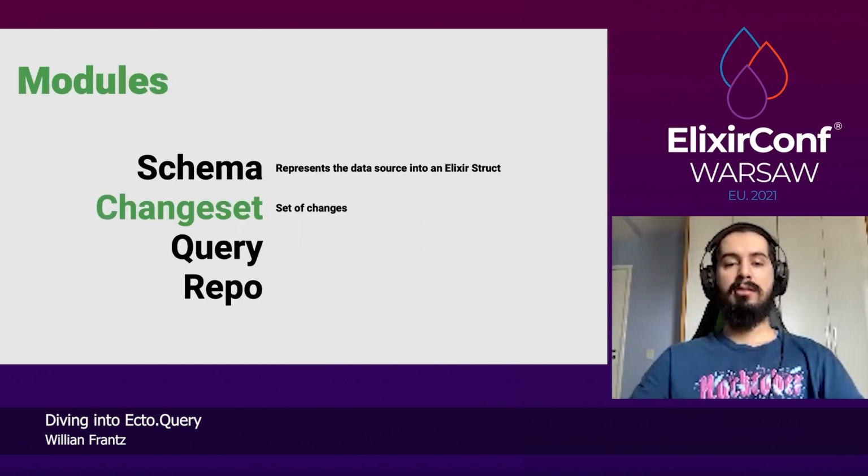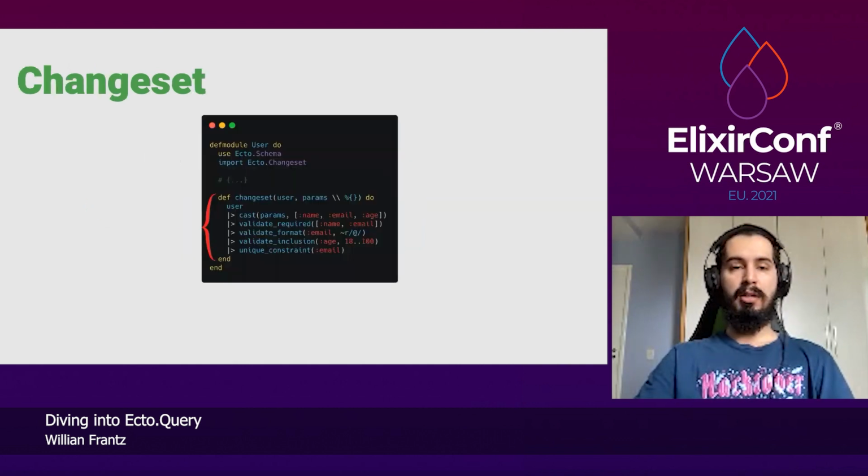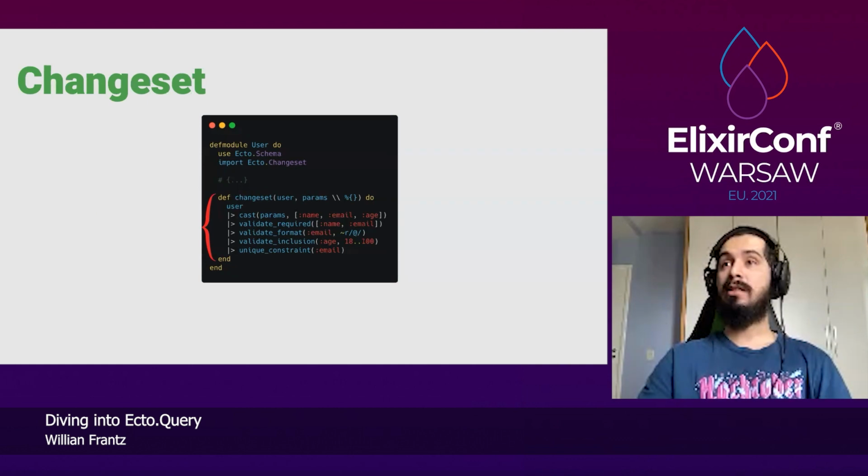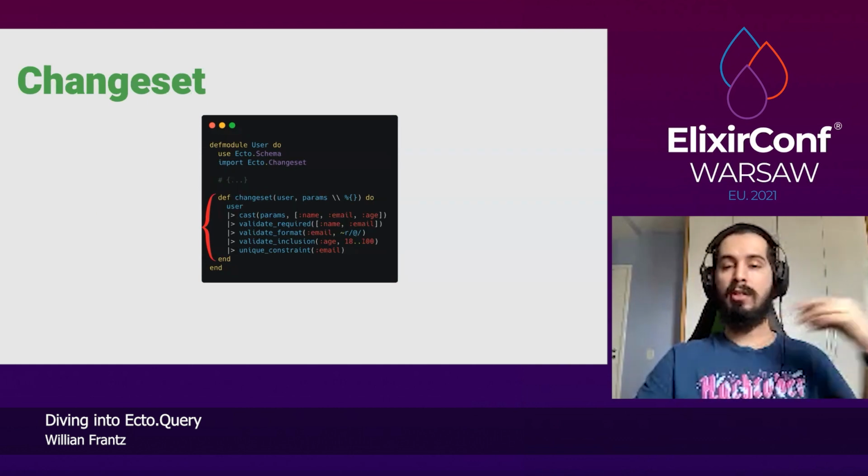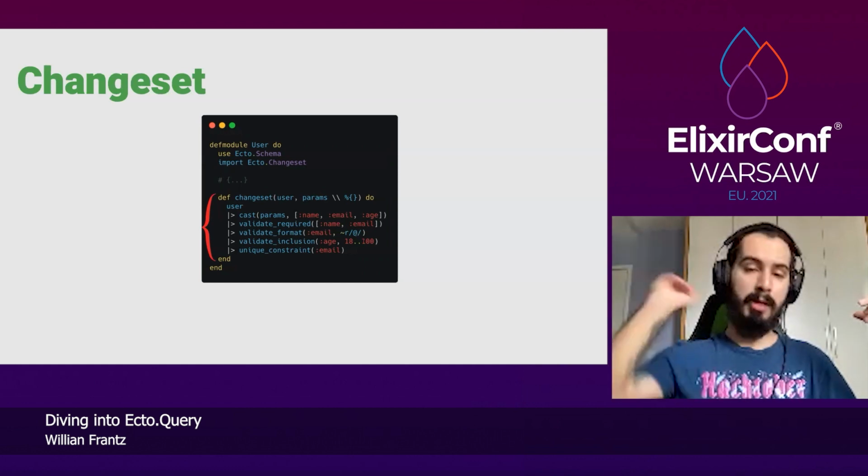We have changesets, which is pretty much a set of changes. And we use changesets for applying validations, checking constraints, casting data that we received from our inputs into the data that we are applying for our database.